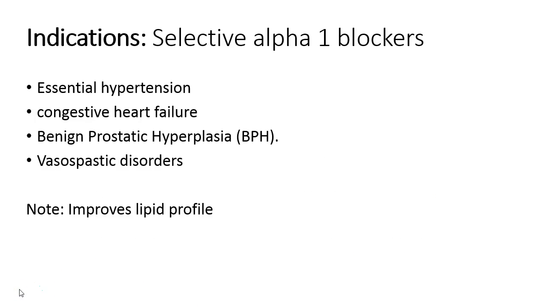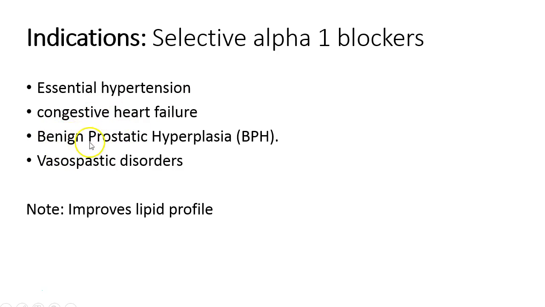Whereas selective alpha-1 blockers have different uses. The major use of selective alpha-1 blockers would be essential hypertension. And it is one of the commonly used drugs for treatment of hypertension, especially in mild to moderate, or we can say stage 1 hypertension. Another use is congestive heart failure, where it can reduce both preload and afterload.